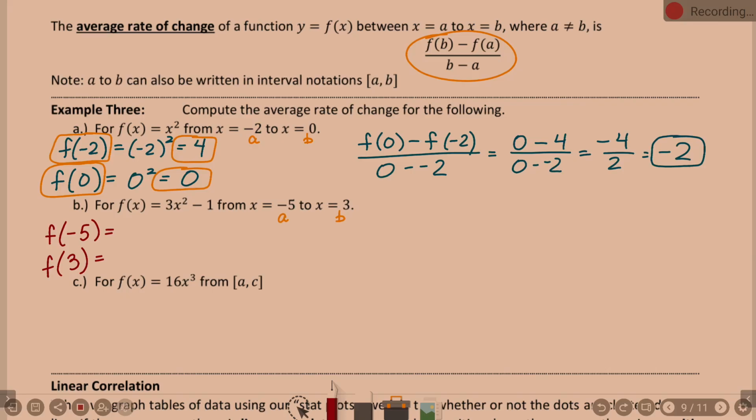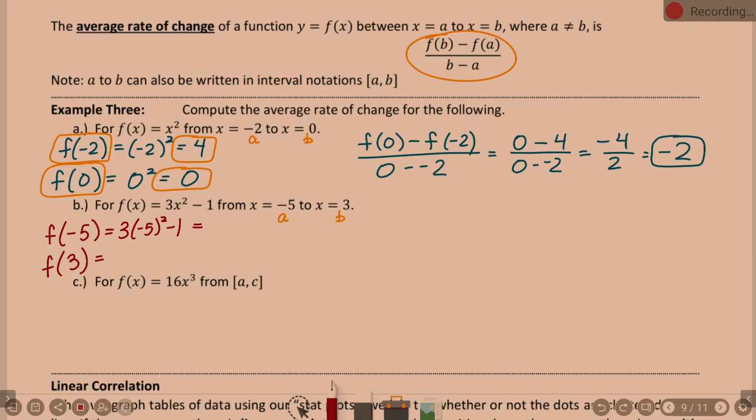F of -5, what are we going to do? 3 times -5 squared minus 1. Do I need to write out more than that? -5 squared is? I don't know. 125. Negative 125.